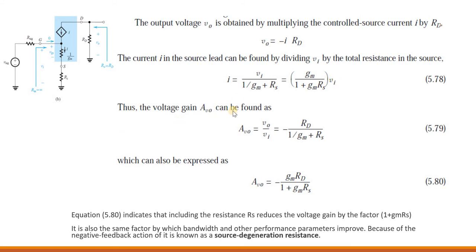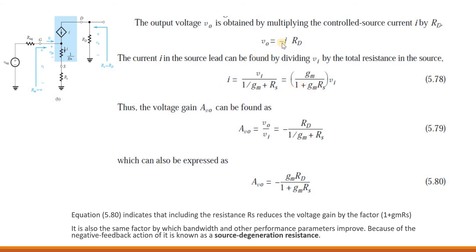Thus the voltage gain Av naught can be found as follows. The open circuit voltage gain is nothing but V naught divided by Vi. V naught is minus I into RD, and Vi is I divided by Gm divided by 1 plus Gm into Rs.